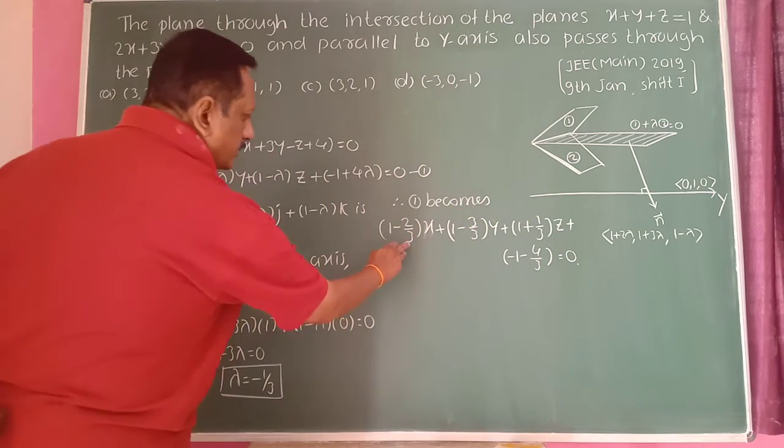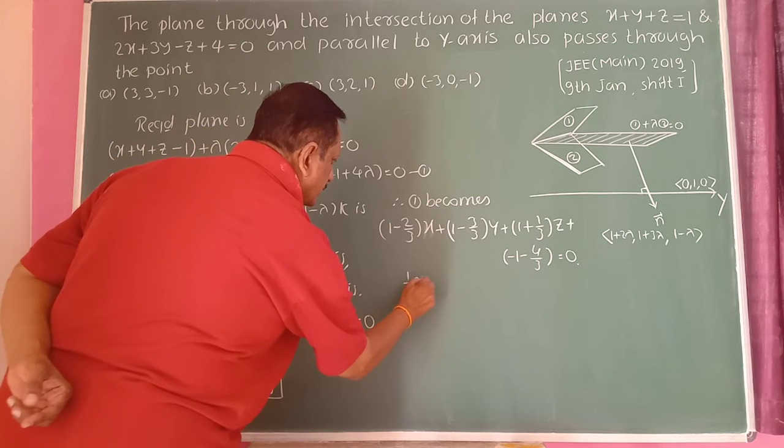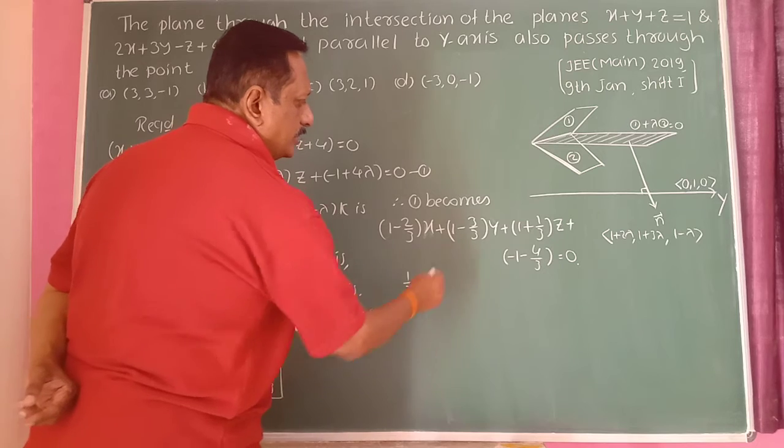Then 3 minus 2 becomes 1, so 1 upon 3 into x, then 3 cancels here.